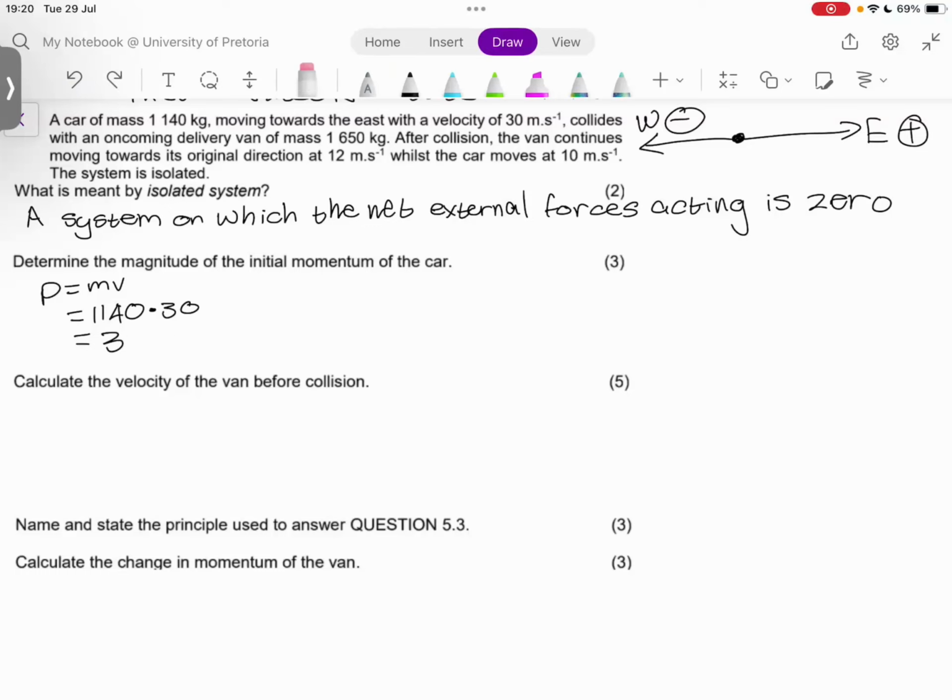My apologies, 34,200. And what are the SI units in this case, guys? The units are going to be kilogram meters per second.